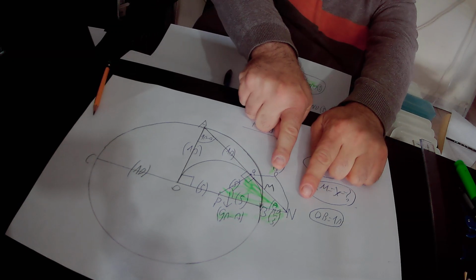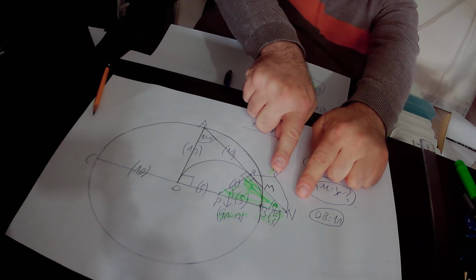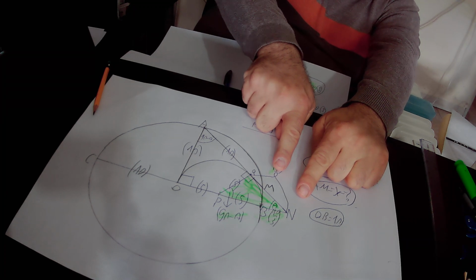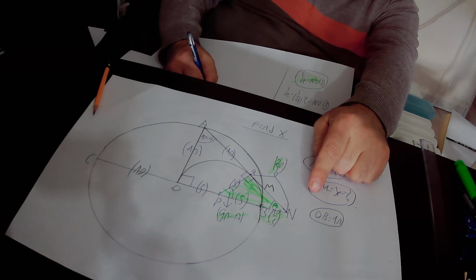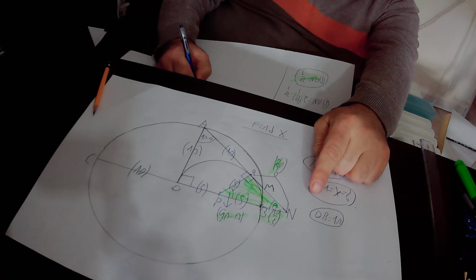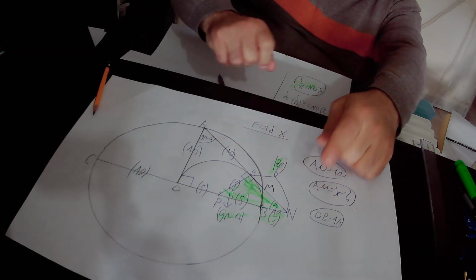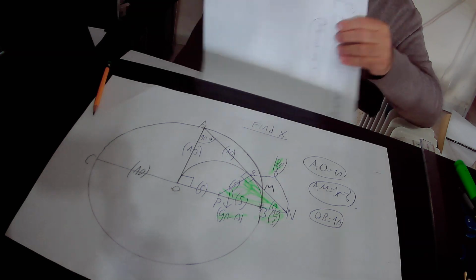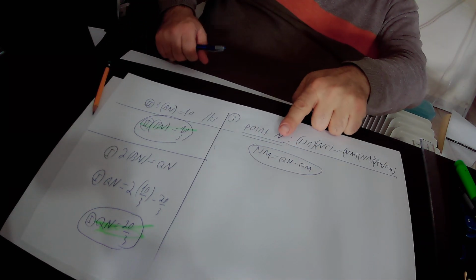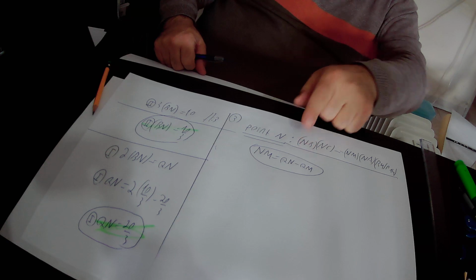From the drawing, it is very easy to see that NM equals QN minus QM.